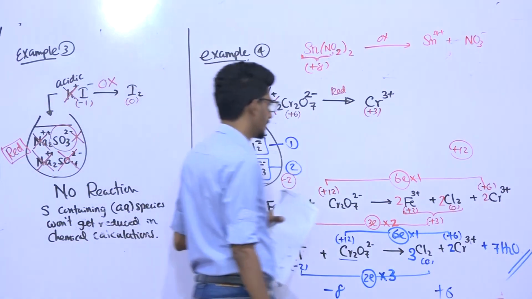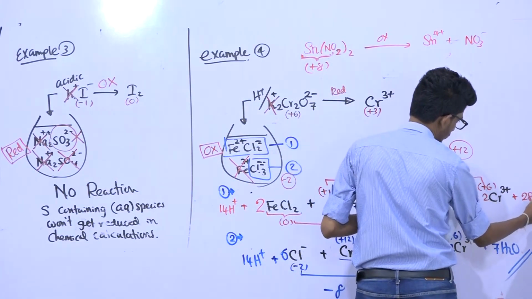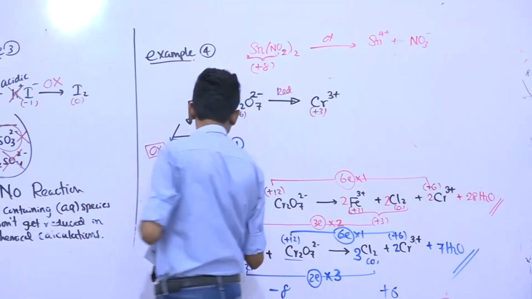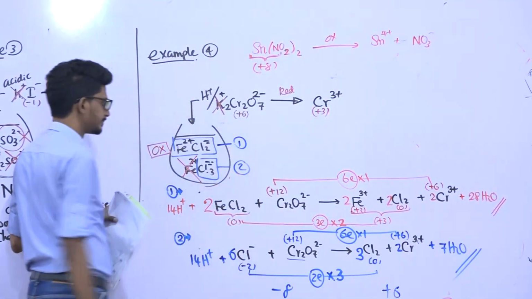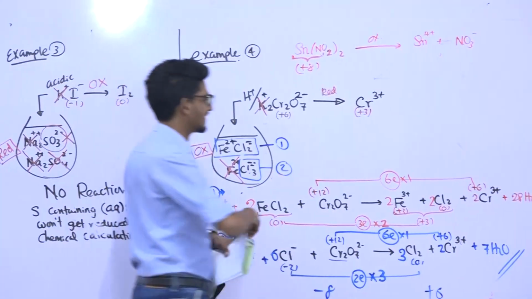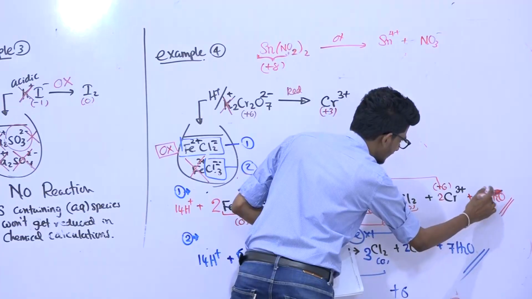So this side it is all about 28 H2 molecules. Then balance the other side. Sorry, 7 H2Os, right? Sorry.